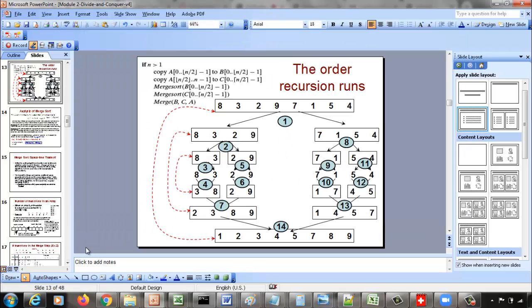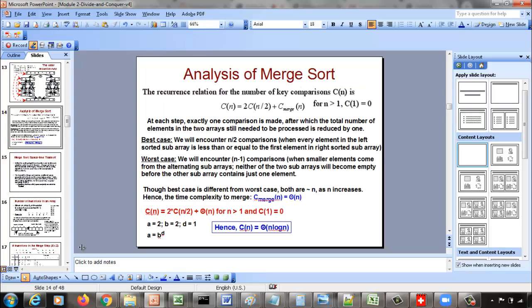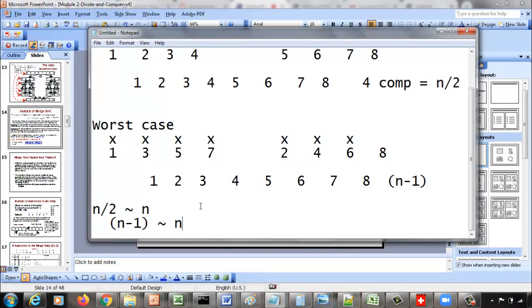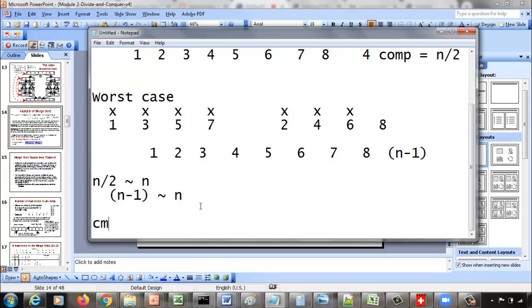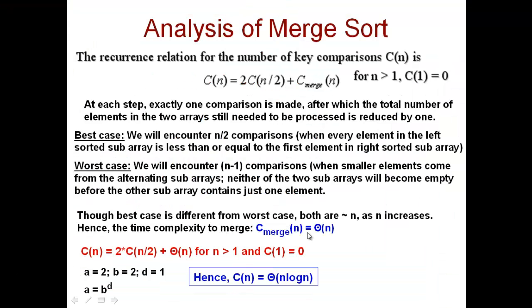So what we can say is, as n increases asymptotically, both are functions of n, right? So we can say that the merge process is theta of n. So that's what I have indicated here. So the merge time is theta of n.